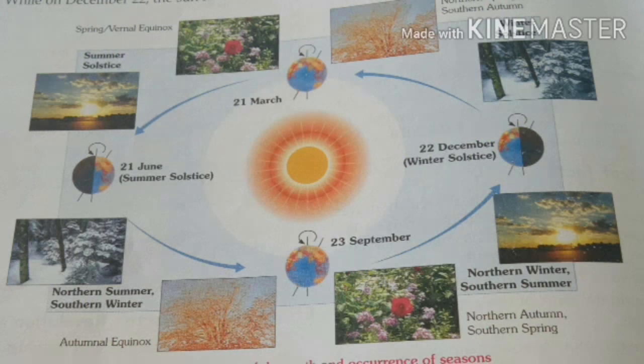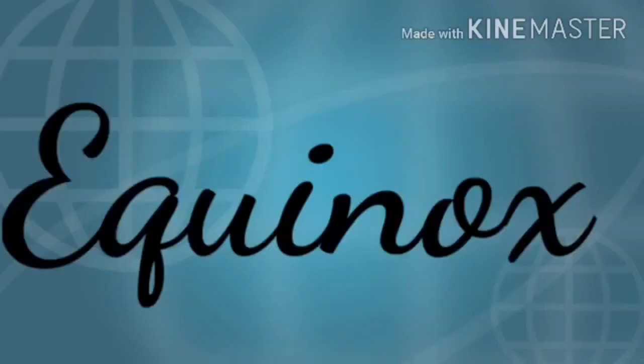Okay, next we'll discuss equinox. What is meant by equinox, children? Equinox is a Latin word which means equal nights. Equinox occurs twice in a year. On which dates?